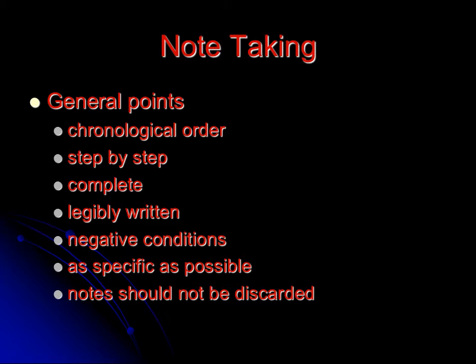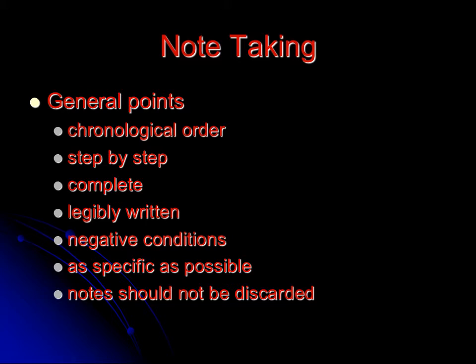Generally, crime scene notes are taken in chronological order, so as time goes by, step by step. They should be complete. Obviously, they have to be legible because you have to be able to commit them to a report at some point in time or refer to them for testimony. It's very difficult for beginning crime scene investigators, but they get better over time, to report negative conditions.